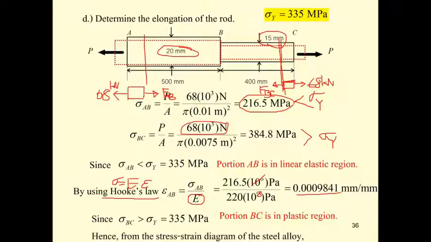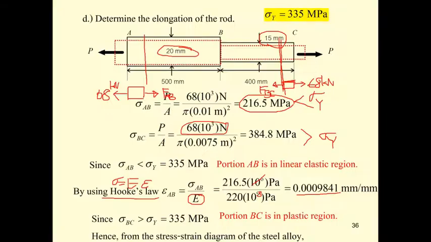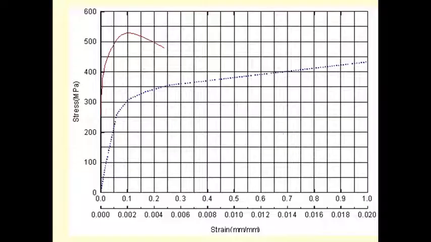So go back to the stress strain diagram and we have the stress of 384.8. As we have here, the stress is here. We put the 384.8 on the vertical axis and project horizontally to hit the graph.